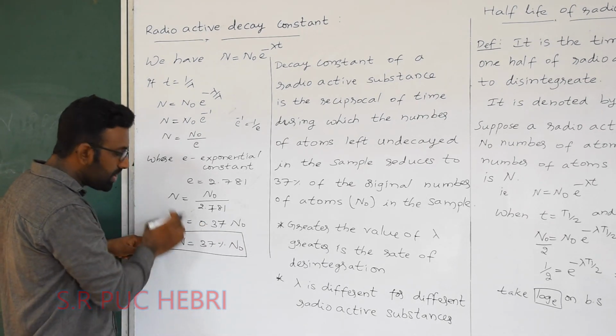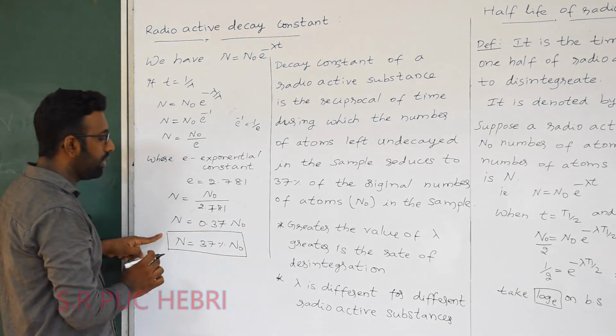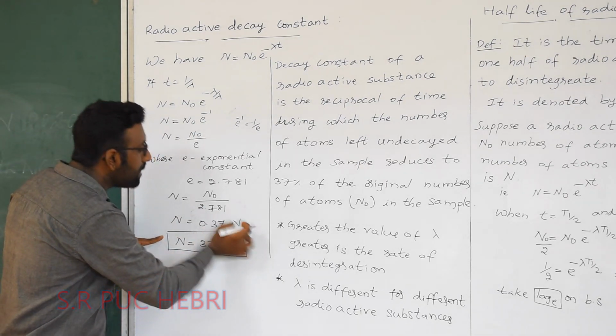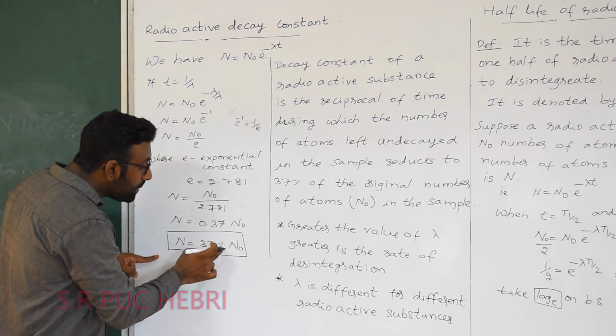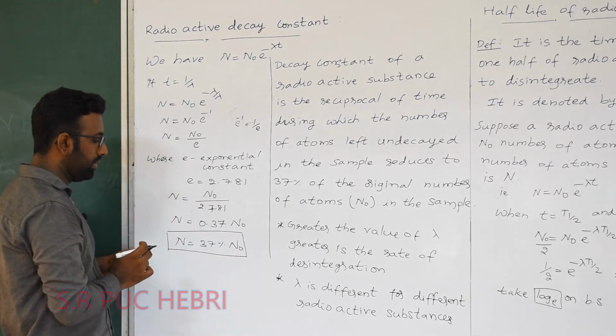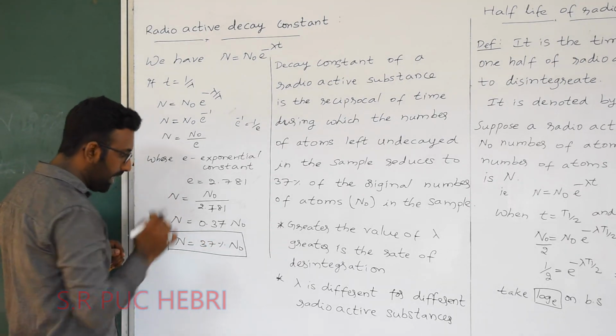Then the previous equation can be written as N is equal to 0.37 N naught. So this 0.37 times N naught means N is equal to 37% of N naught. See here, N is nothing but 37% of N naught.